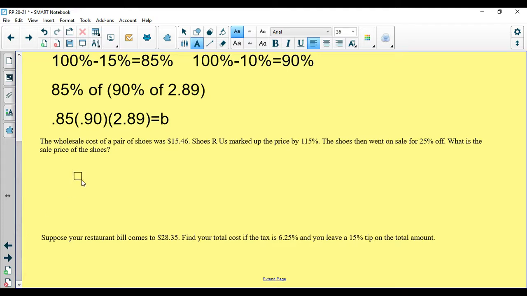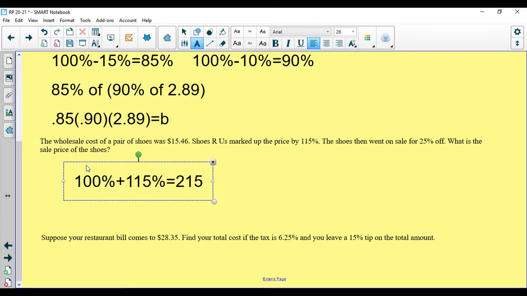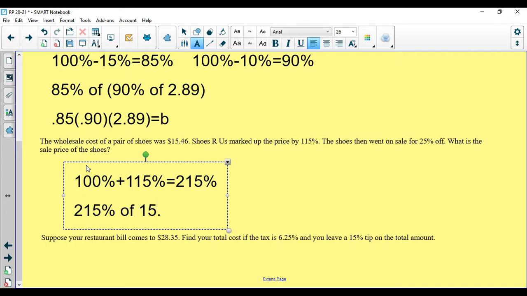So the first thing that occurs is the markup. Remember that markup is a percent increase, so I'm going to be adding. So they take 100% of the shoe price and they marked it up 115%. So altogether, that means I would be paying 215% of the cost of the shoes. So I'm going to do my 215% of the $15.46. This is the amount that's getting the discount.